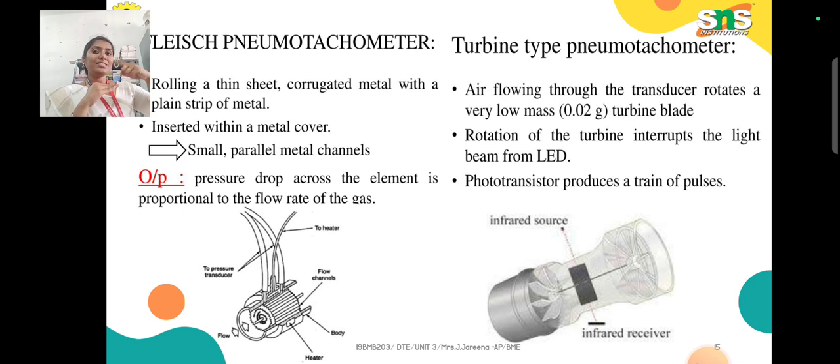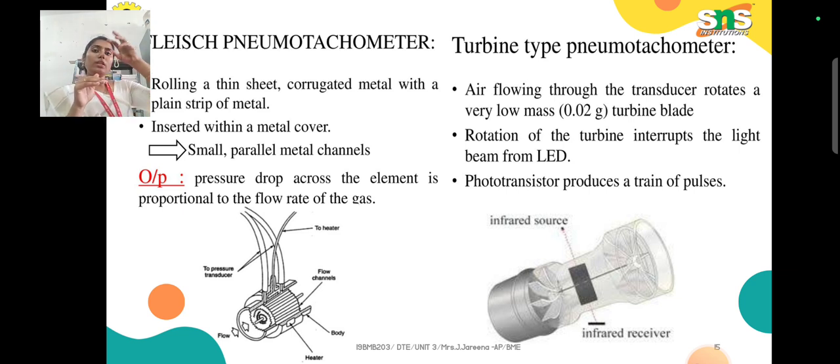Since it is rotating at some constant rate, it disturbs the light and prevents it from reaching the phototransistor. As a result you get a train of pulses. In the normal resting state you get a steady train of pulses, because there is no interruption and the turbine remains stable.